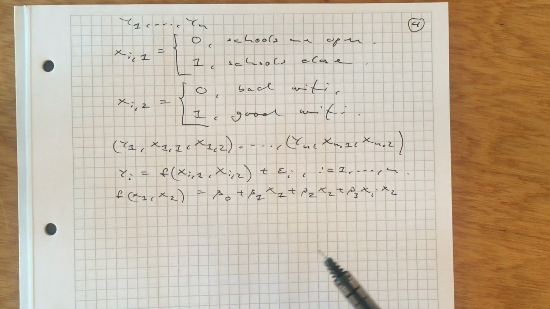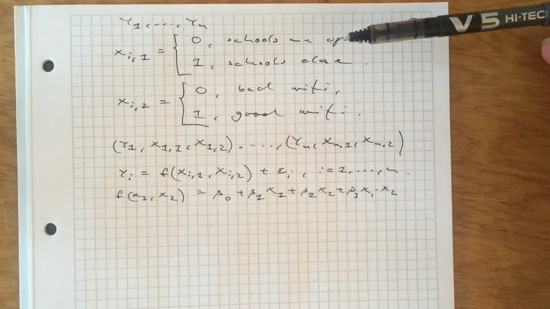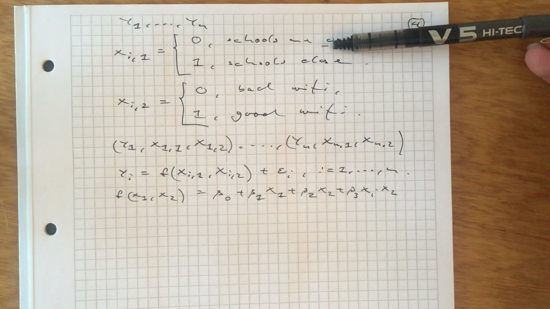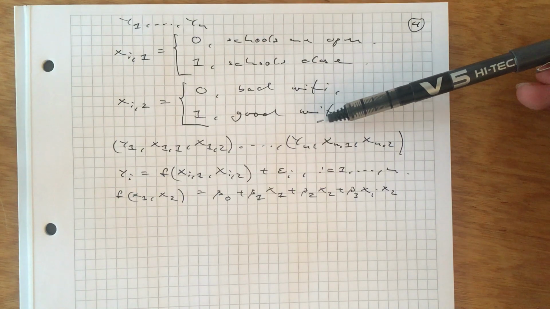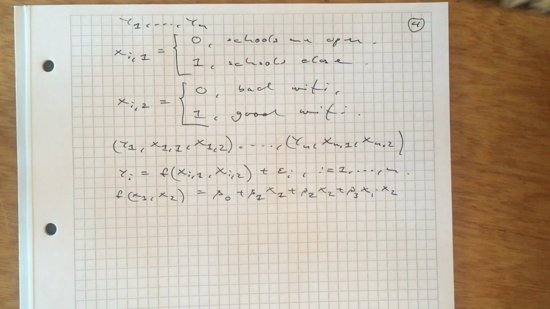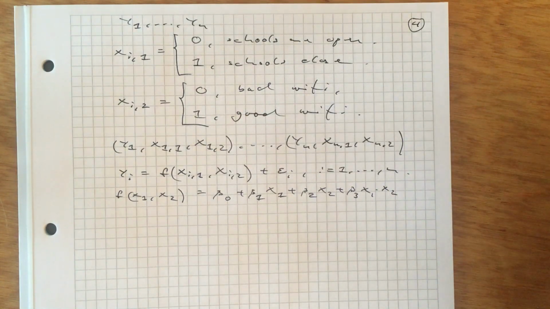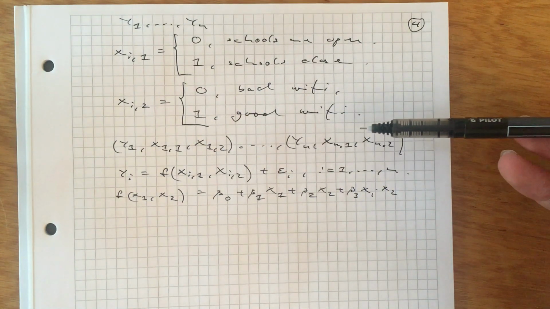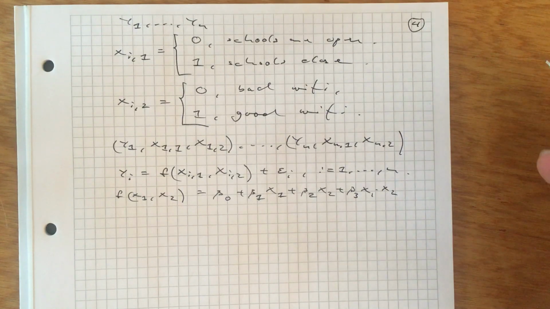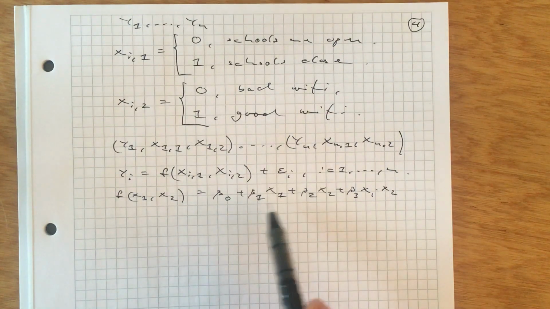Okay, so the point with this model is that we allow the effect of closing schools to be dependent upon whether or not the country is a good or bad Wi-Fi country. So of course with these data, if you have these data available, you can import them into R and do the lm routine and find estimates of these unknown coefficients. What we look at now is how this model allows for the effect to differ.